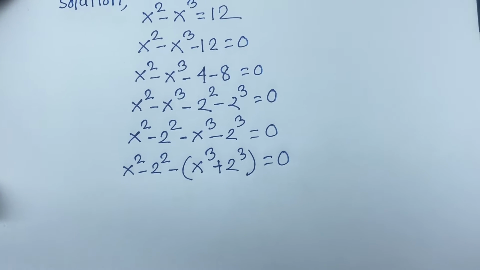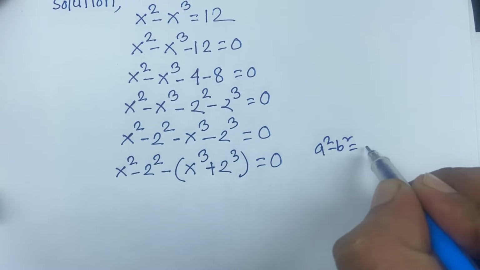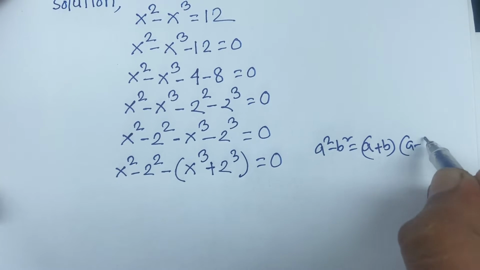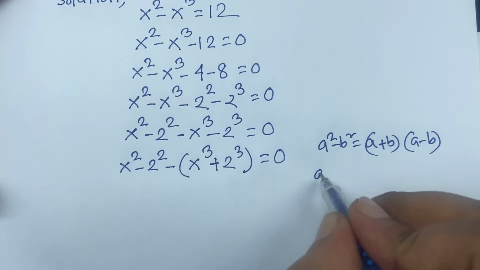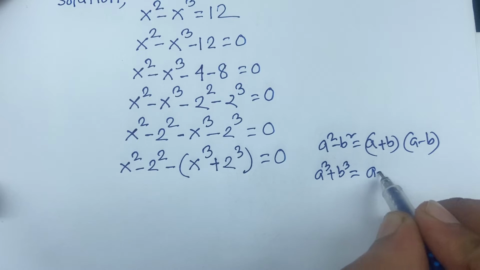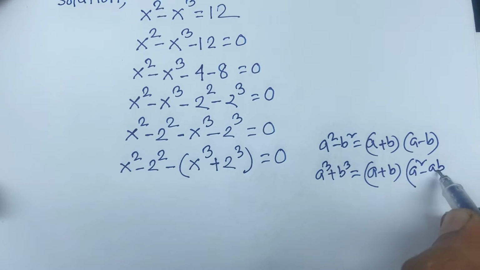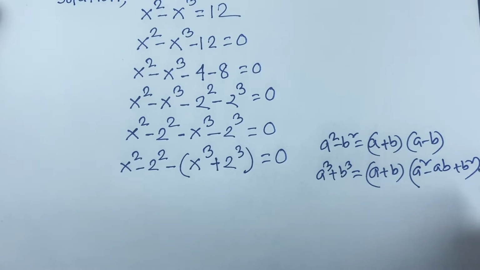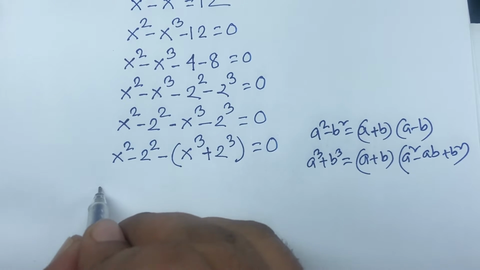Then we know that a square minus b square is a plus b times a minus b. And again, we know that a cube plus b cube is a plus b times a square minus ab plus b square.